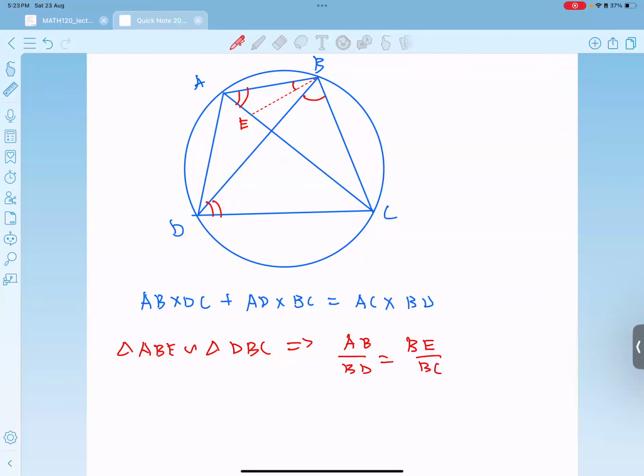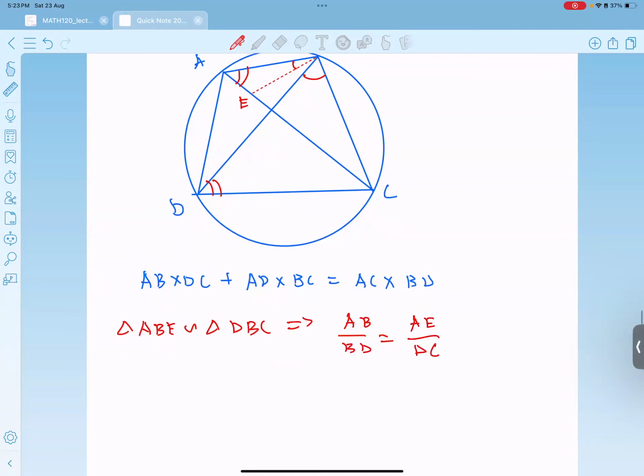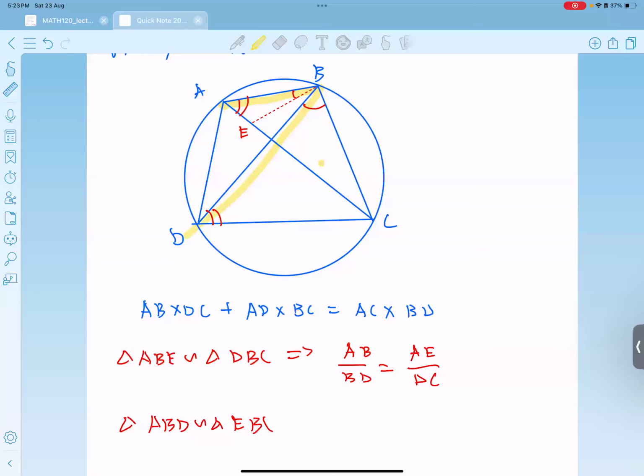Yeah, that's very unfortunate indeed. Actually, no, it's AE over DC. And you'll also notice triangle ABD is similar to triangle EBC. So ABD and EBC are also similar.